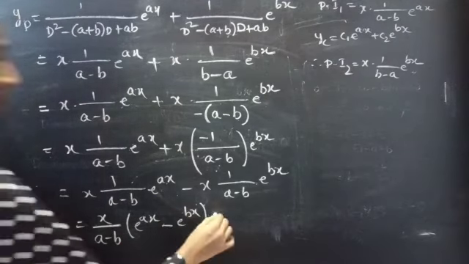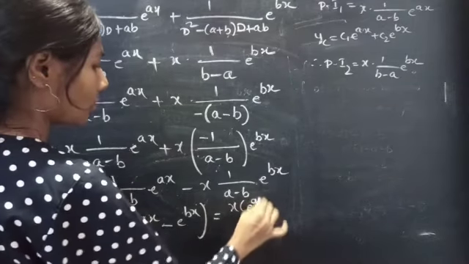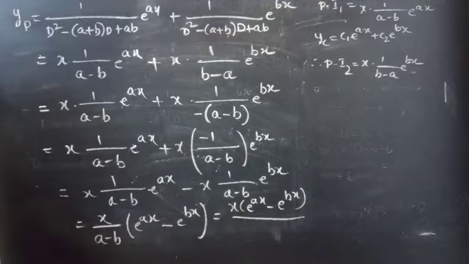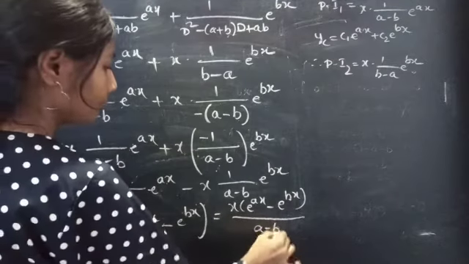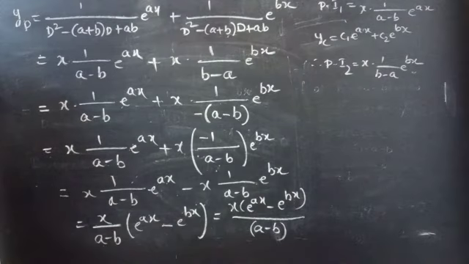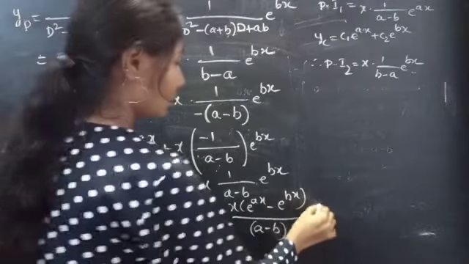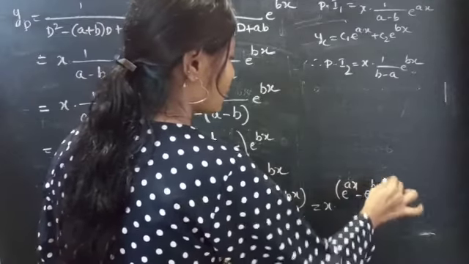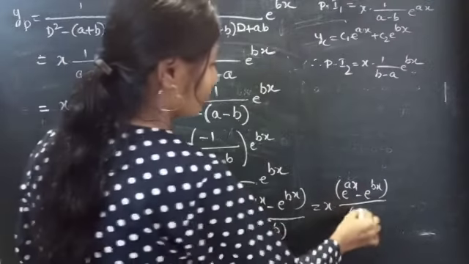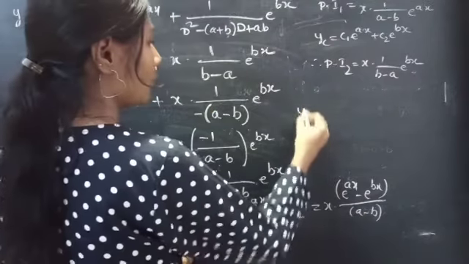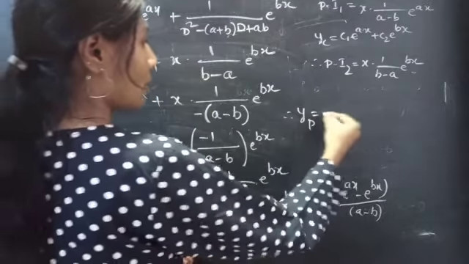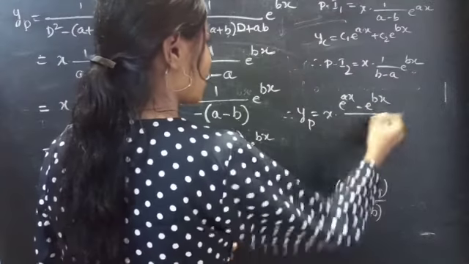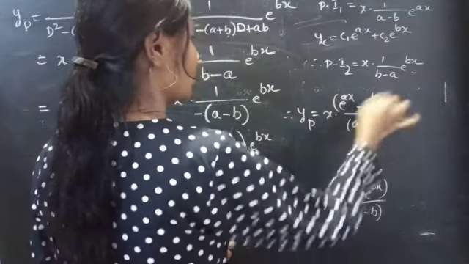We can also write this as x into e power ax minus e power bx by a minus b, which is a particular integral. So therefore yp equals x into e power ax minus e power bx by a minus b.